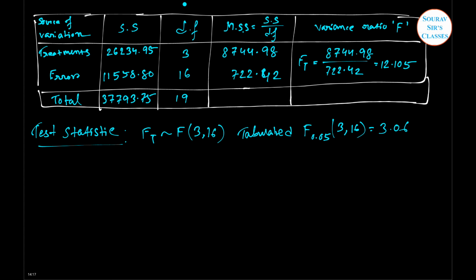For this, we find out the critical difference, that is, the least difference between any two means that can be significant.